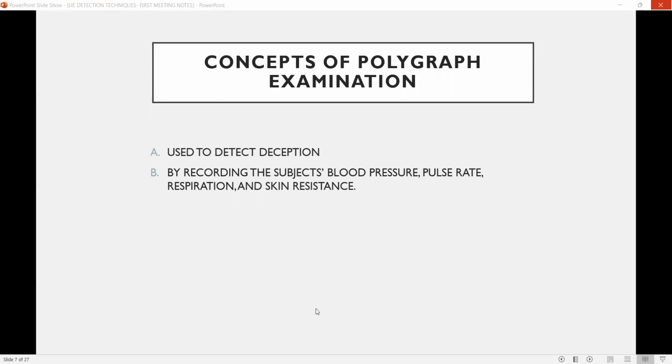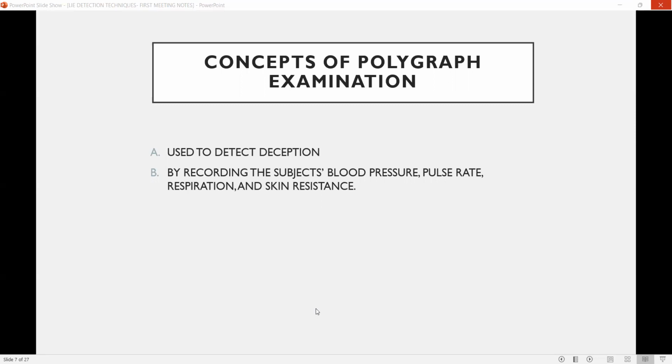Of course, number one, it is used to detect deception of the subject. How do you detect deception? By recording the subject's blood pressure, pulse rate, respiration, and galvanic skin resistance or galvanic skin reflex.